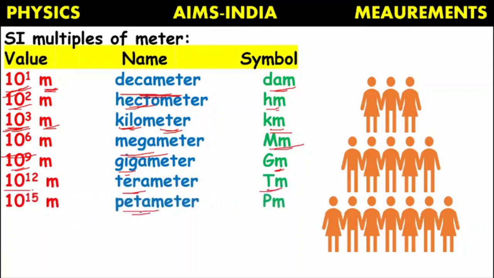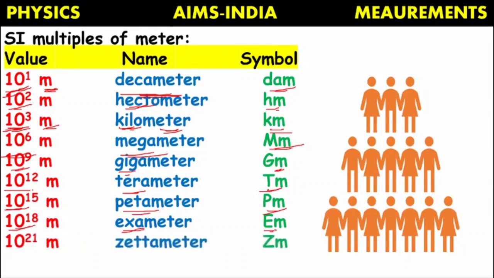Next, petameter, factor is 10 power 15. Capital P, small m. Next, exameter, 10 power 18 is the factor here. Capital E, small m. Next, zettameter, 10 power 21 is the factor. Capital Z, small m. Next, yottameter, 10 power 24 is the factor, and capital Y, small m.